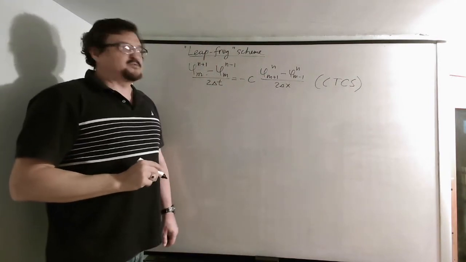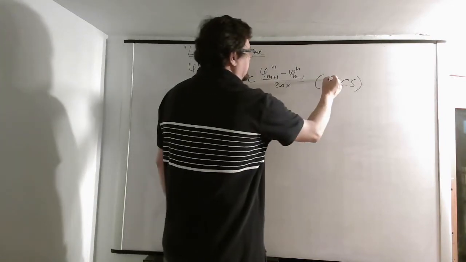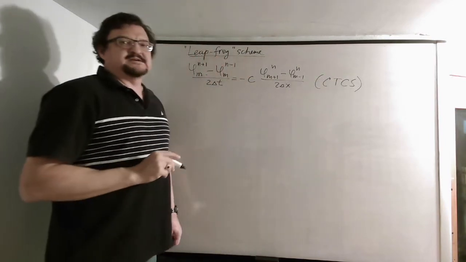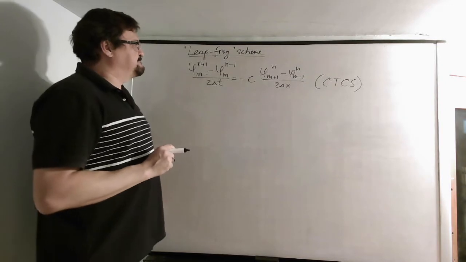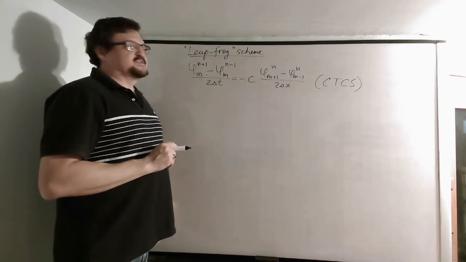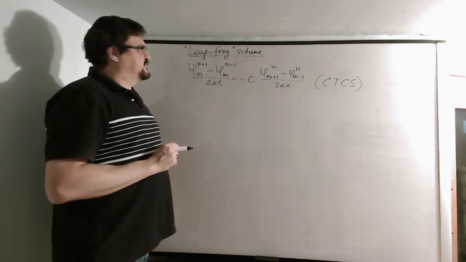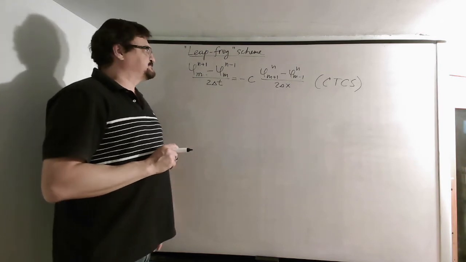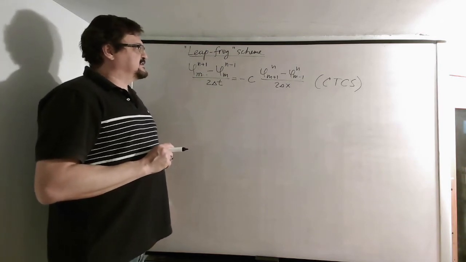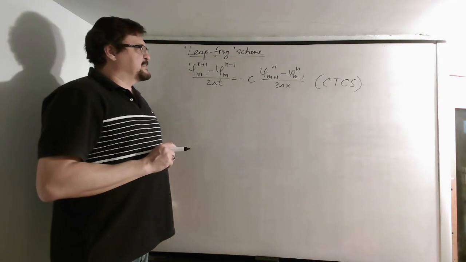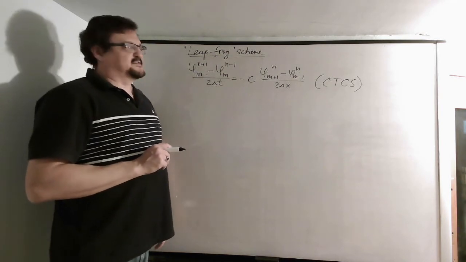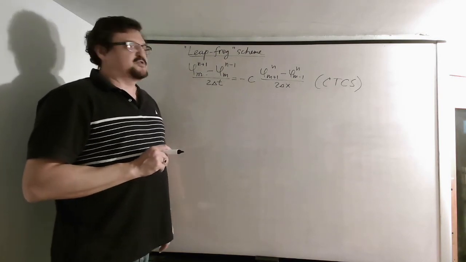So it's a centered in time, centered in space scheme, CTCS scheme or leapfrog scheme. This scheme is quite popular, actually still very popular, but it has this very pesky behavior that produces so-called computational mode, or unphysical solution. To show that, let's return to our stability analysis of the scheme. We've done that before.